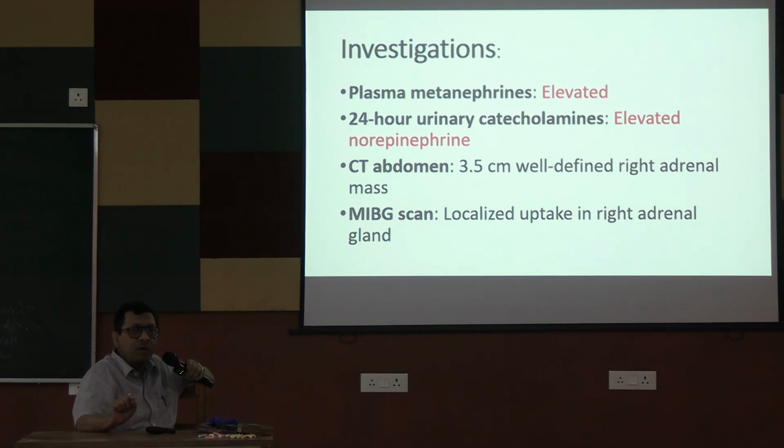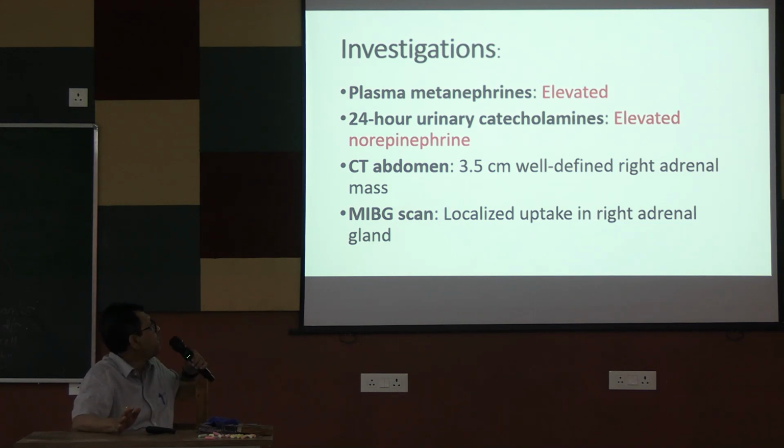The second important thing is 24 hours urinary catecholamines, with elevated norepinephrine. These are the two investigations normally done to establish biochemically whether the patient is suffering from Pheochromocytoma.